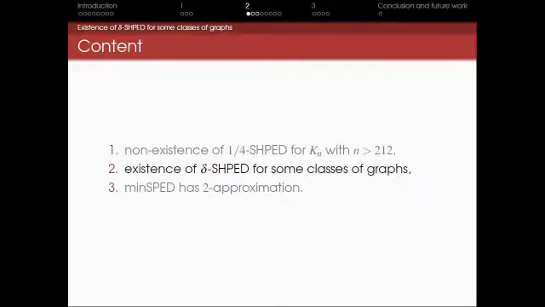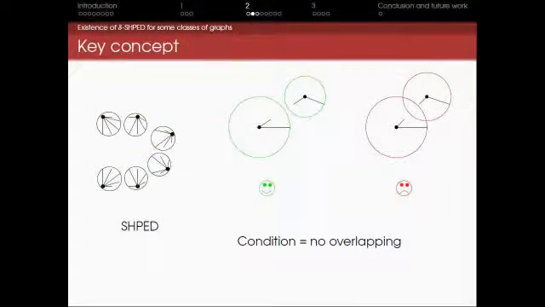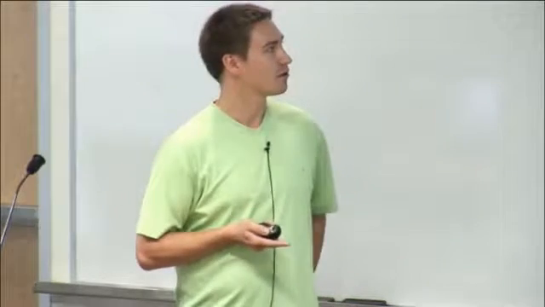Okay, now we come to the existence of a delta SPAD for some classes of graphs, and the key concept is that we enclose every vertex and its incident stubs by a circle, and if we know that the circles don't intersect, we know the stubs do not intersect. Although there might be drawings where circles do intersect, but the stubs don't intersect.